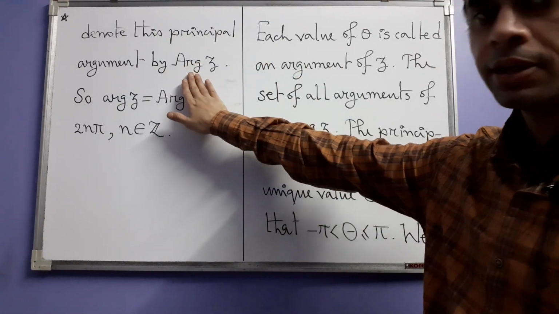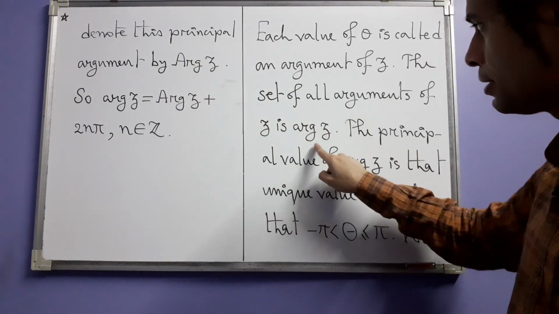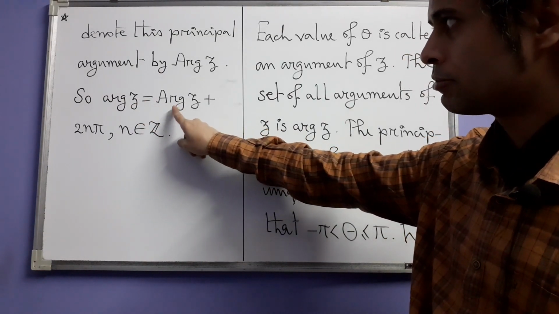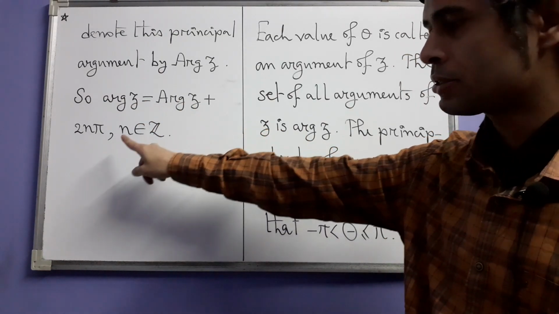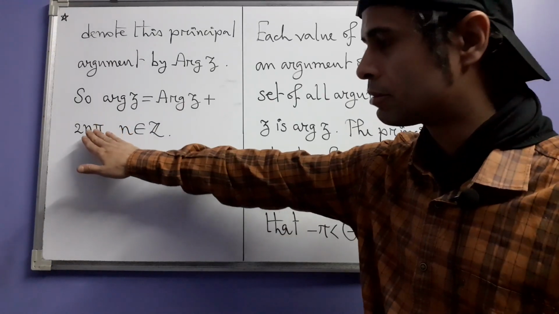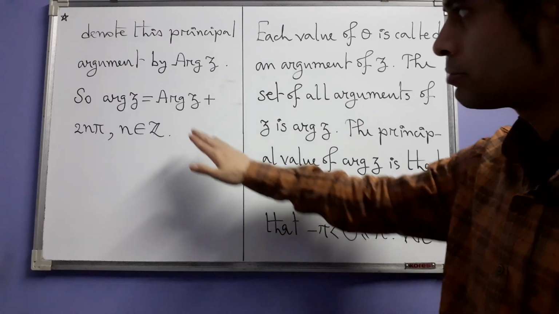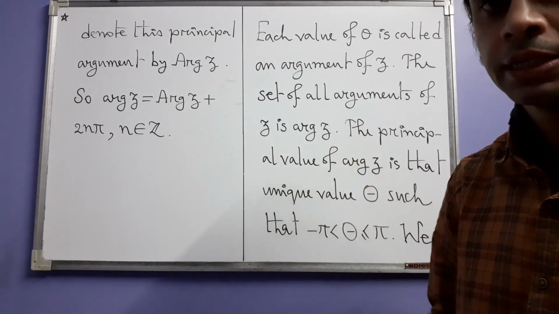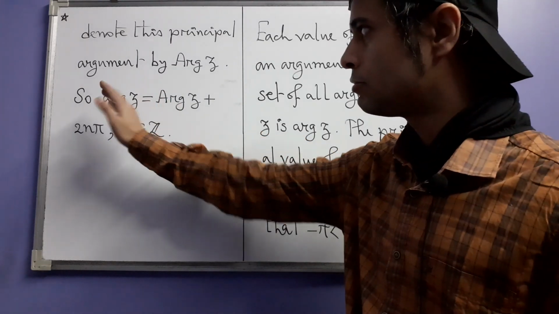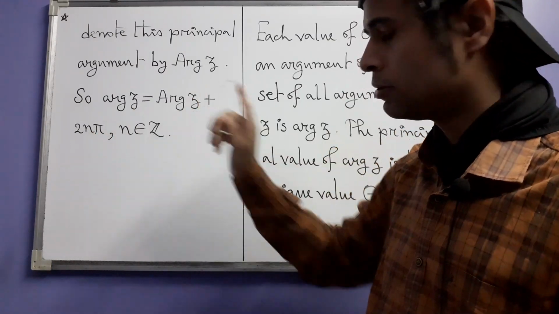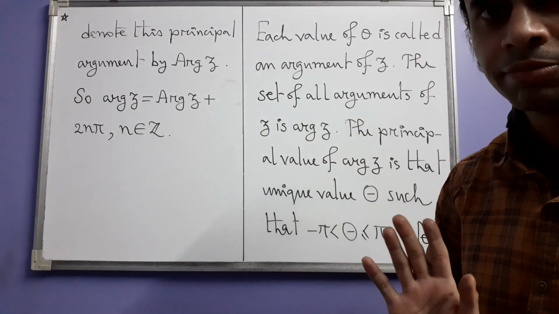This is one single value. This is a set, and that's why small arg z, the set, equals capital Arg z plus 2n pi, an integer multiple of 2 pi, where n is some integer. Sometimes this equation confuses us. On this side we have a set, on this side, if you fix n, you have a single real number.